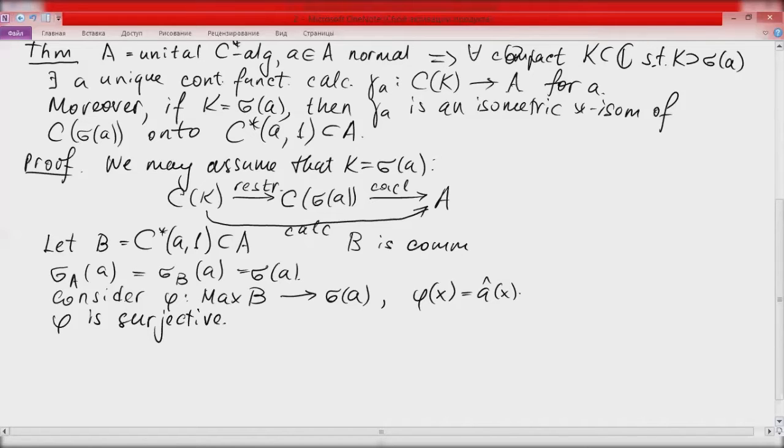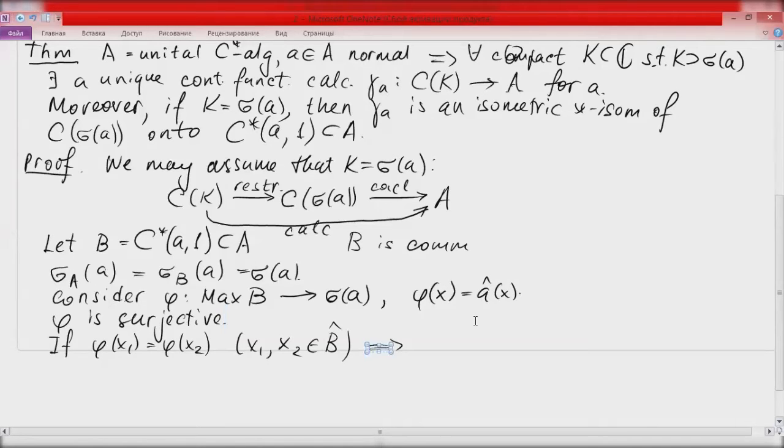First of all, why is it injective? If phi of x1 equals phi of x2, where x1 and x2 are elements in the maximal spectrum of B, so as usual, we identify the maximal spectrum of B with the character space B hat, this means that x1 of a equals x2 of a.